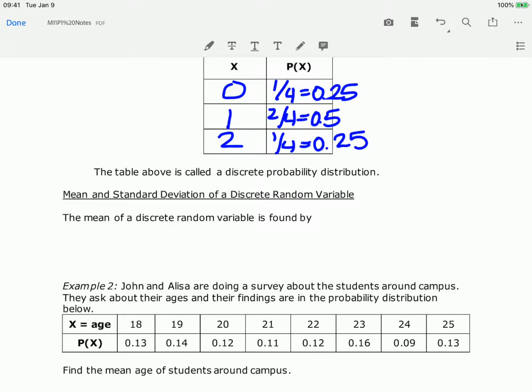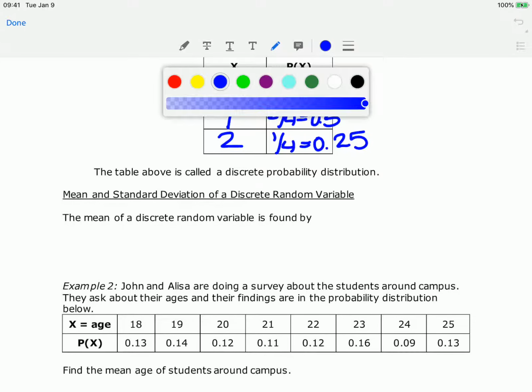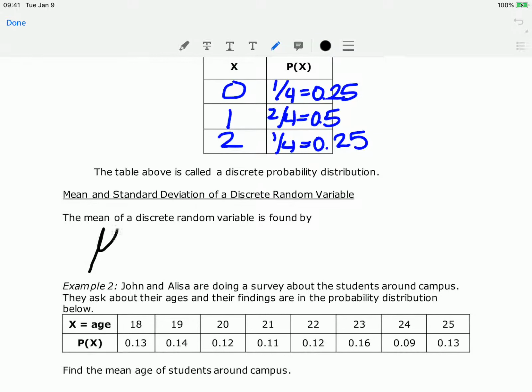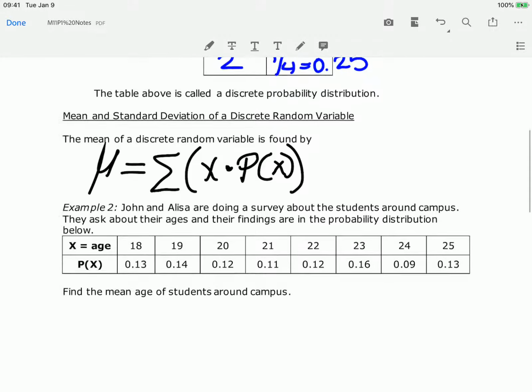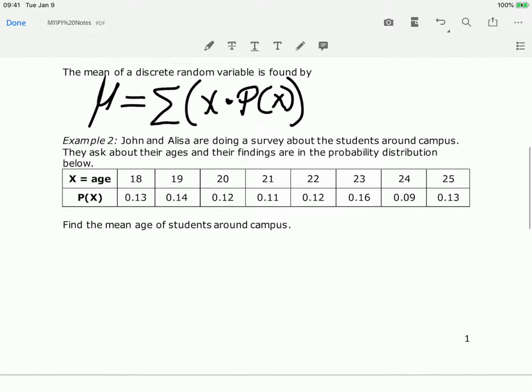The mean of a discrete random variable is always a mu, and it's going to be the sum of each x times the probability of that x. That is how we're going to find the mean of a discrete random variable. So we're going to go ahead and do that with this example.